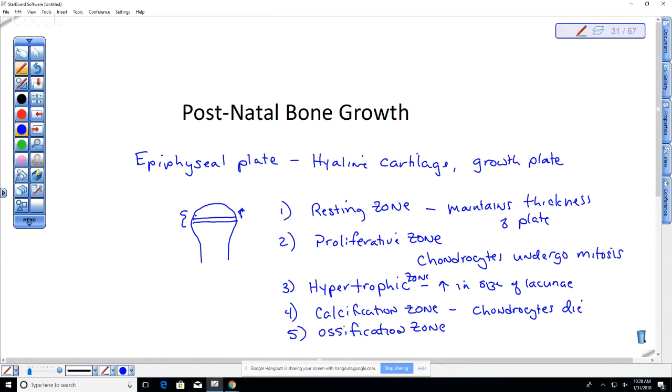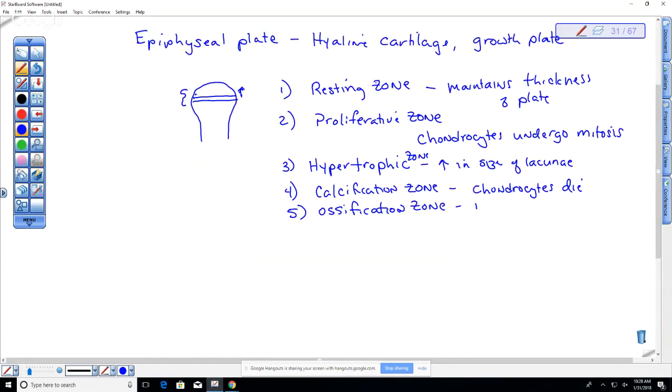So we're going to get the laying down of bone, but we're also going to get bone being eaten away. So in this particular instance, the bone cells lay down new matrix and also erode the old matrix.